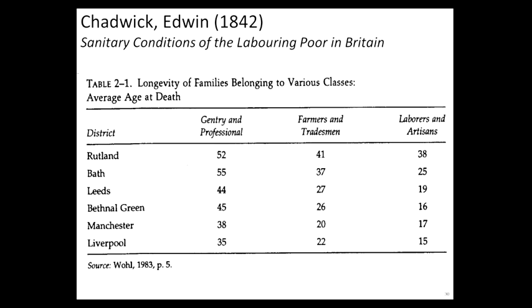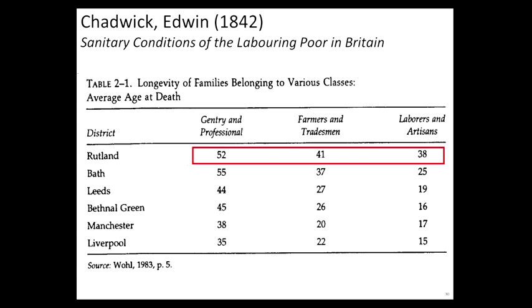The rows tell you the different places for which we have the longevity, or the average age of death, described in this table. Rutland, Bath, Leeds, Bethnal Green, Manchester, and Liverpool are the places on the rows, and the different social class groups are on the columns. So if I take any given place, I find a variability in social class.